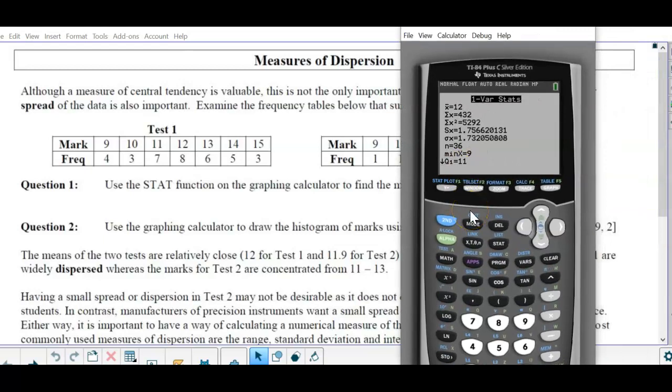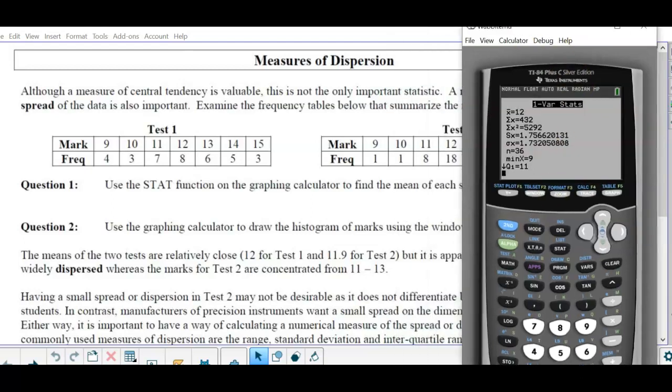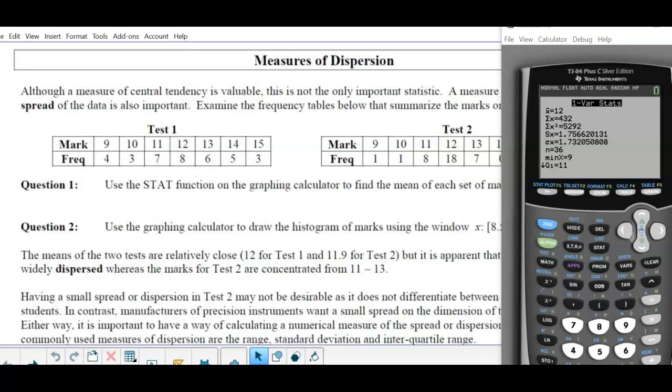Okay, so you can use mu. Actually, no, I'm going to use x with a bar, because that's what your calculator says. Okay, so that's for test 1. And then test 2. Now, we saved ourselves a little bit of time because we didn't have to do 4 columns. We did 3.